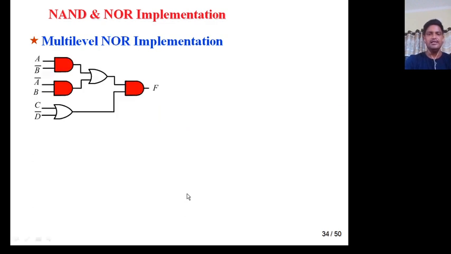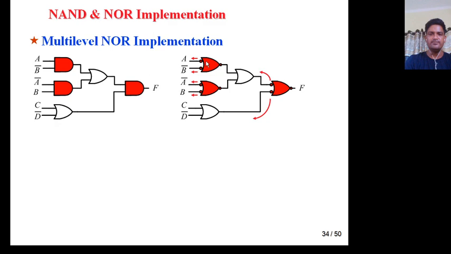Okay. Similarly, for multi-level NOR implementation, you have to remember what you have to replace: an AND gate, because we require the plus term, not the AND term. So you replace by the bubbled NOR; this is replaced by the bubbled NOR, and this is replaced by bubbled NOR.